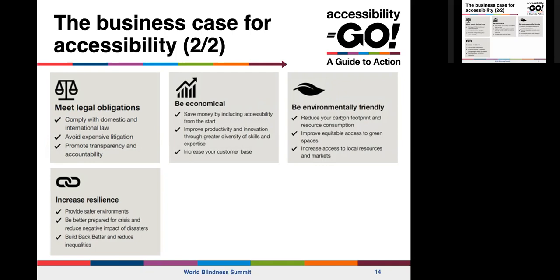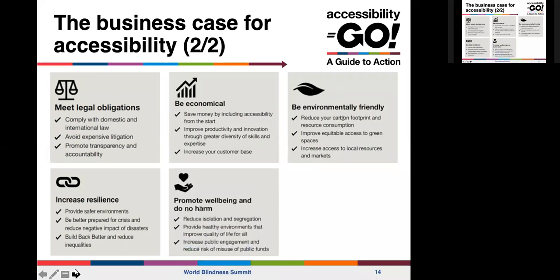Accessibility can really help us prepare for crisis and reduce the negative impacts of disasters. The COVID-19 pandemic, as previously mentioned, exemplifies an occurrence where accessibility was not sufficiently integrated in everyday practice from the start, leaving people at risk, excluding people, and exacerbating inequalities.